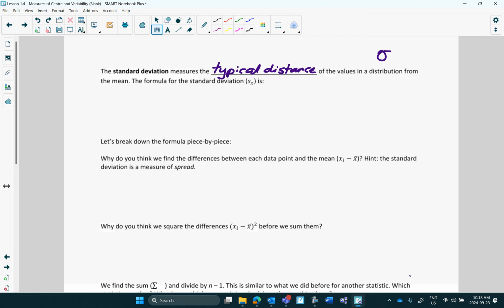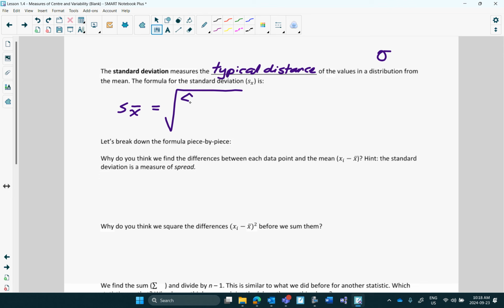But if it's a sample, we do S of X bar. And it is equal to the square root. That's standard deviation of a population. I'm not going into a lot of detail right now. We don't have to worry about that right now.